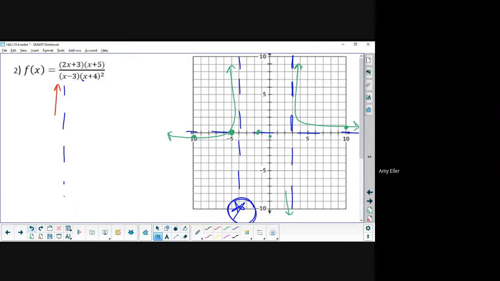That came from a repeated asymptote. In that case, trains are going the same way. If there's a star, a repeated asymptote, your trains are both going to go the same way instead of opposites. That answers your question from before. So this train is going up. It's got to go the same way.